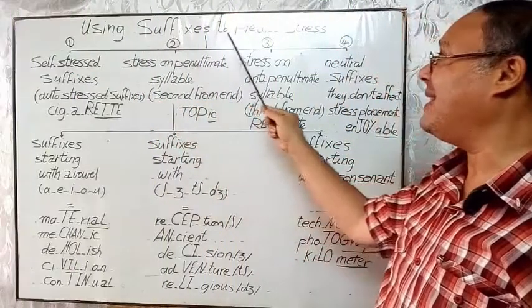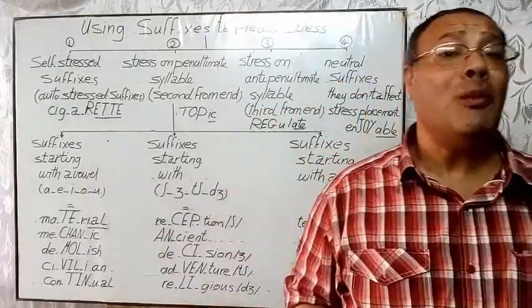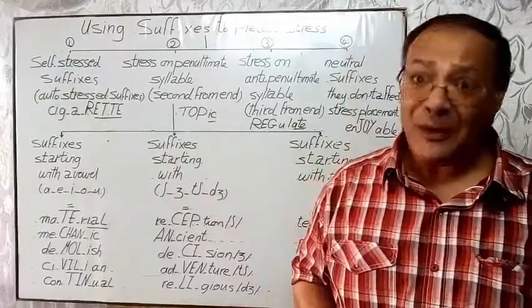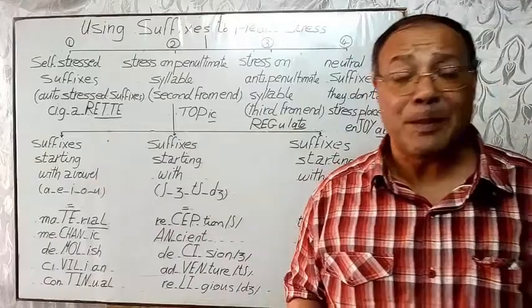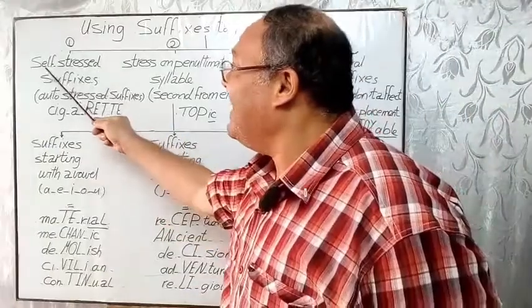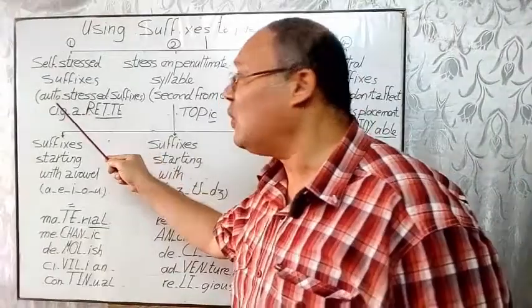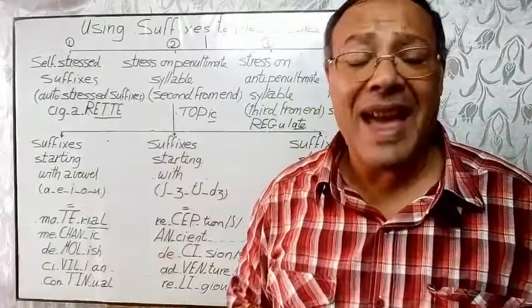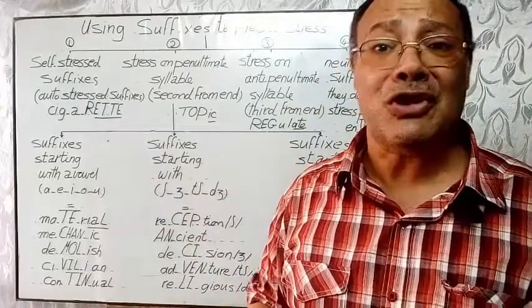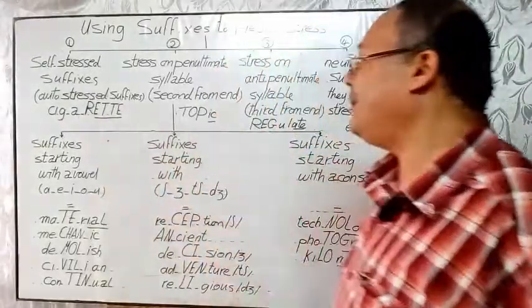Using suffixes to predict stress. We have 4 major types of suffixes having to do with the stress placement. Self-stressed suffixes, also called auto-stressed suffixes. They take the primary stress themselves, like cigarette.